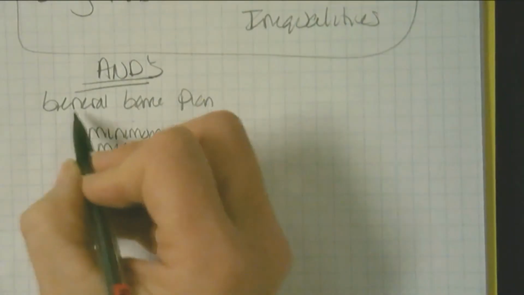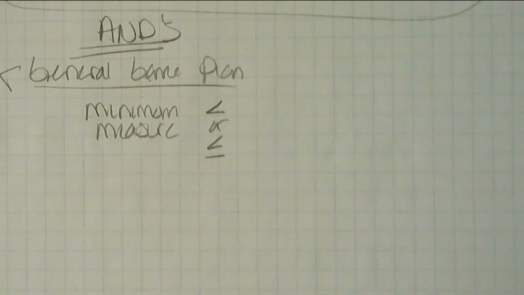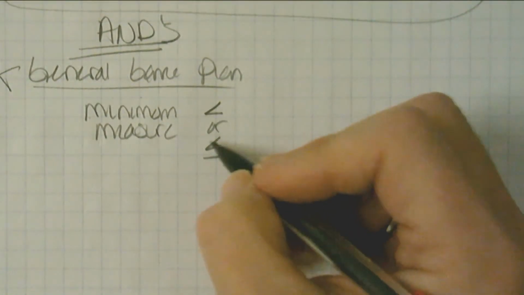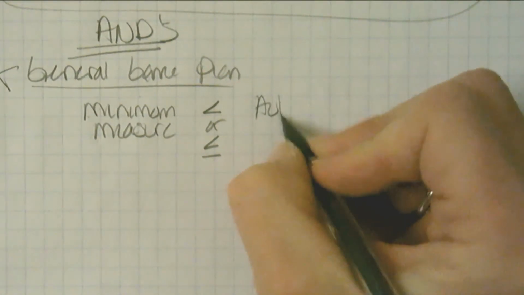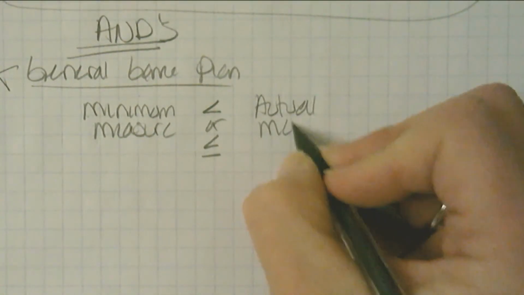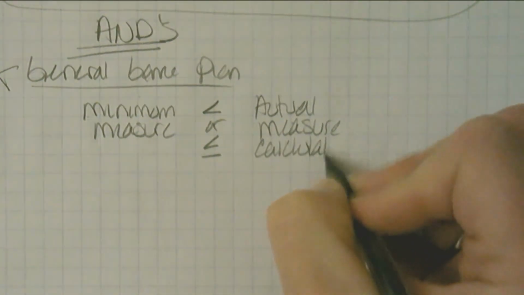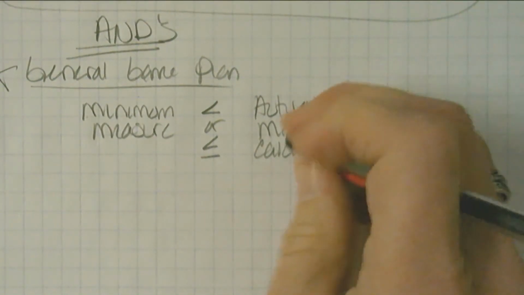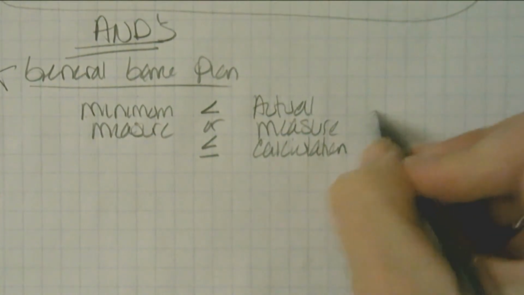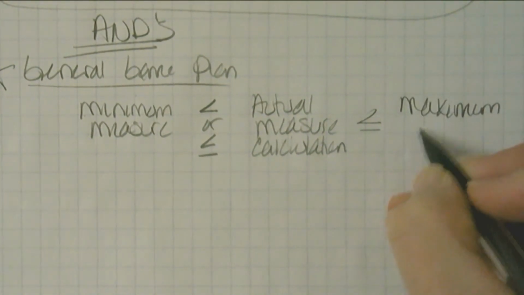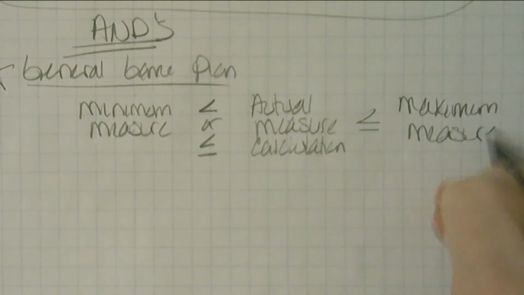So our general game plan, and you need to write this down every time because this is going to help you stay organized. Your minimum measure is less than or equal to your actual measure calculation which is less than or equal to the maximum measure.